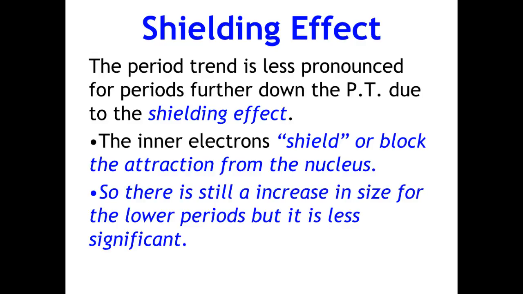So put it in the terms on the screen. The inner electrons shield or block the attraction from the nucleus. So there's still an increase in size of the atom for the lower periods, but it's less significant because those inner energy levels are being shielded. So let's look at potassium. Potassium's on period 4, energy level 4. Let's compare it to lithium, energy level 2.